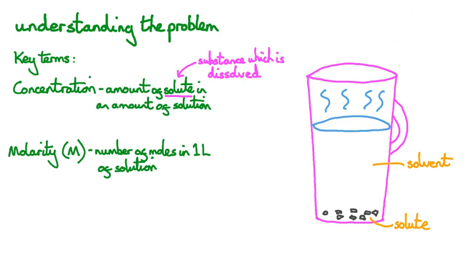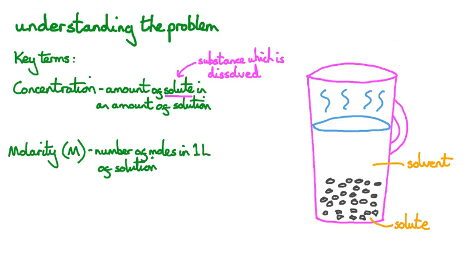We should also consider what happens to the concentration when we change the amount of solute or solvent. Again, our cup of coffee can help with this. If we increase the amount of solute in our coffee, which is the instant coffee granules, what happens to the concentration of our whole cup of coffee?